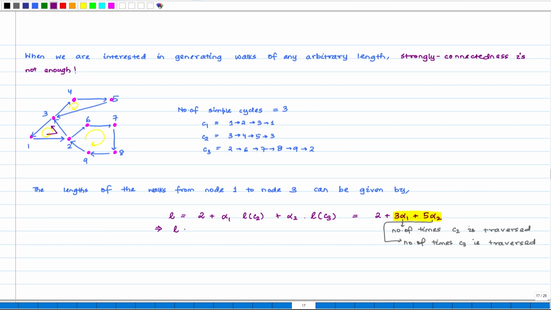This implies any L greater than 2 plus 7 is actually reachable through the walks generated using C2 and C3. Meaning any walk of length strictly greater than 9 can now be generated using the 2 cycles.